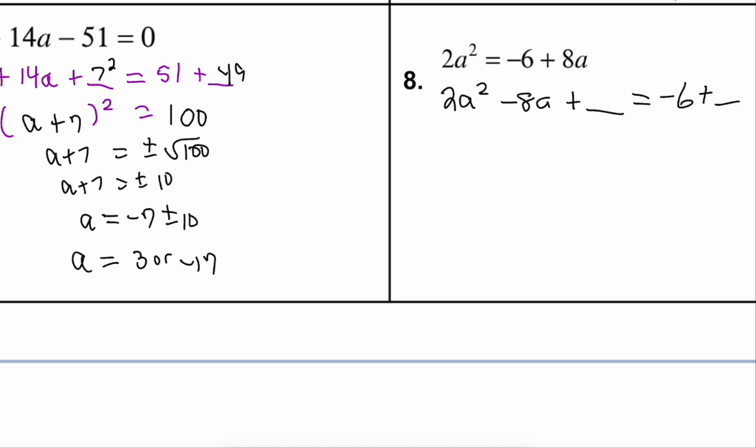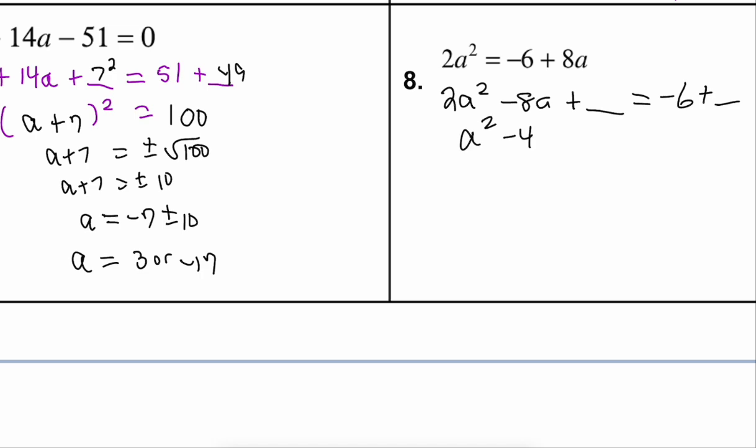Now we can't proceed with the method until the a squared coefficient is 1. So we have to divide everything in the equation by 2. Even if it wouldn't be divisible by 2, we would have to use fractions for this method to work. But they were lucky, and we're lucky, they're nice to us. Let's divide everything by 2.